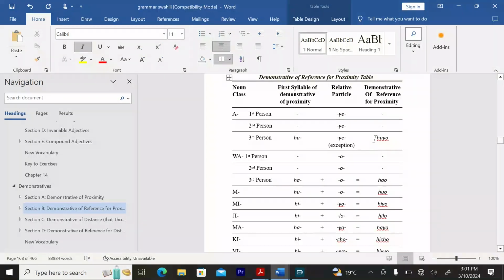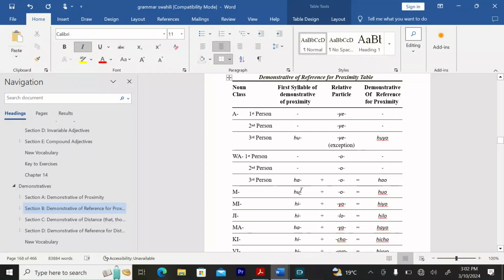But in the third person, we have huyo, because this would be yeye. The second person would be o. But for the third person we have ha to form hao. So the third person is huyo, and in plural, hao.